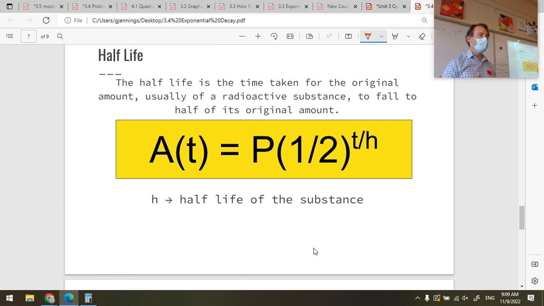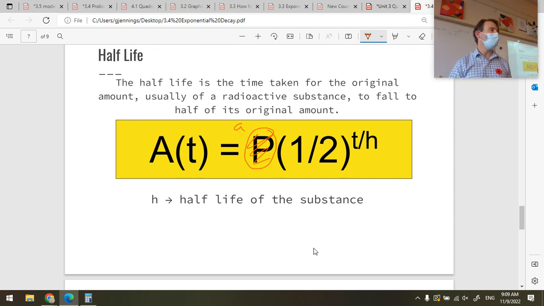In these cases, you are given the amount of time that it takes for something to be reduced by half. And the way you can put that into an equation here is you can have the amount at time t is equal to the p, which is the principal. I would just have a there. You could have a little a, the initial amount.